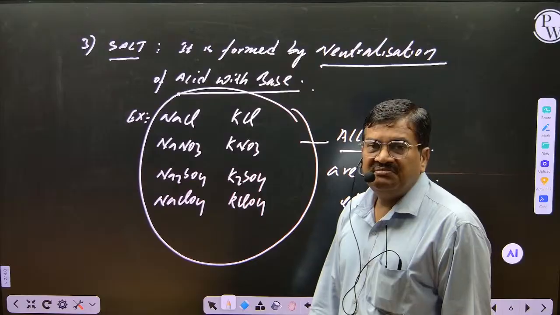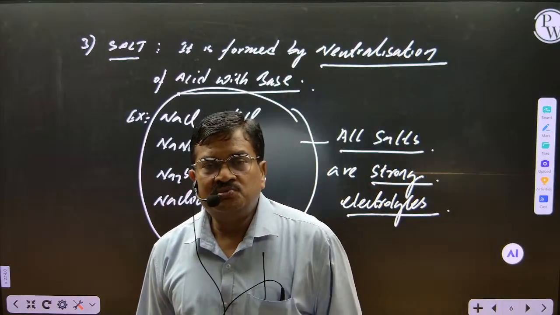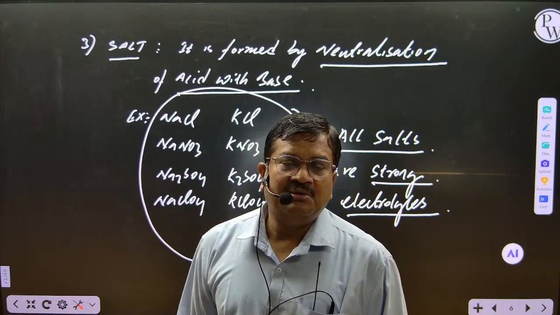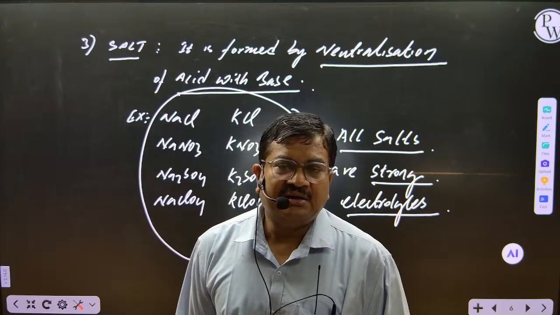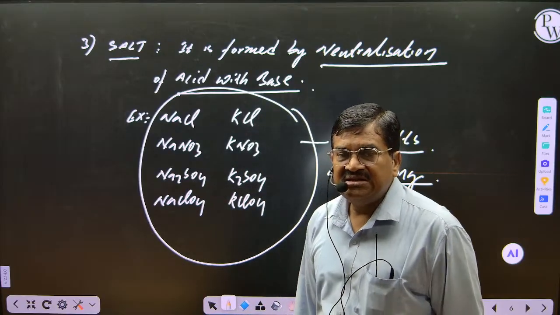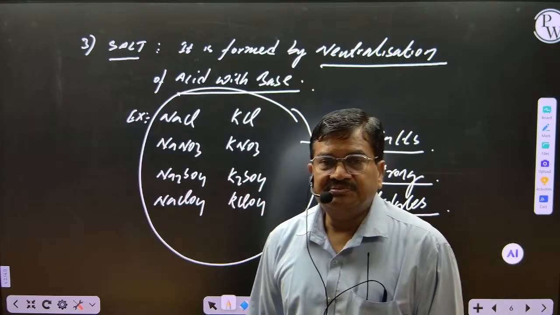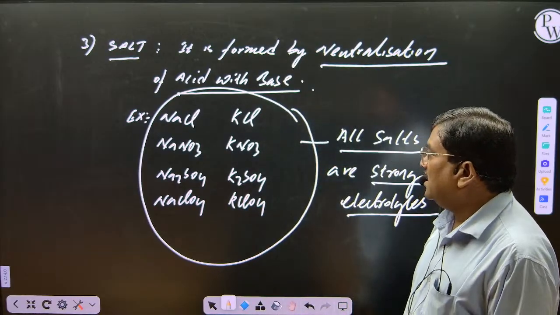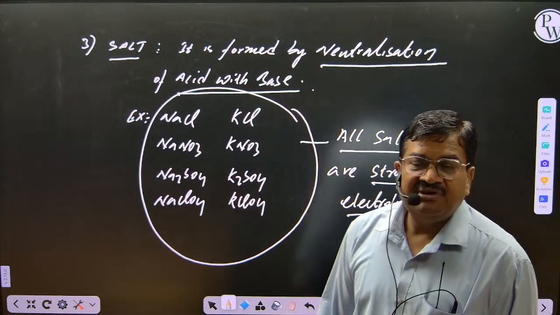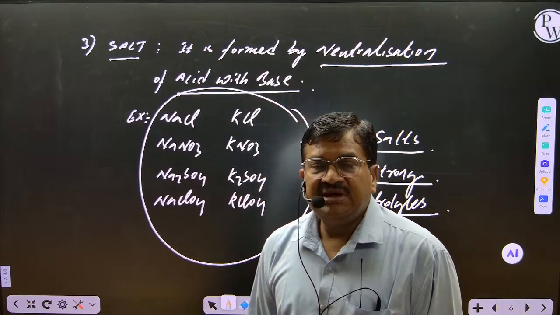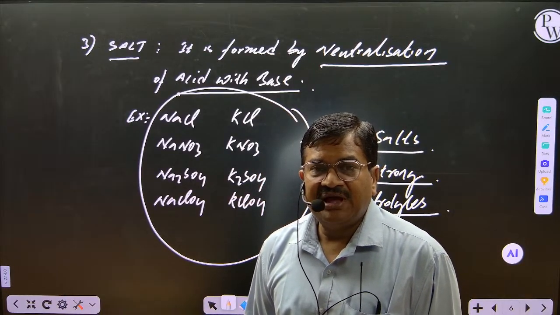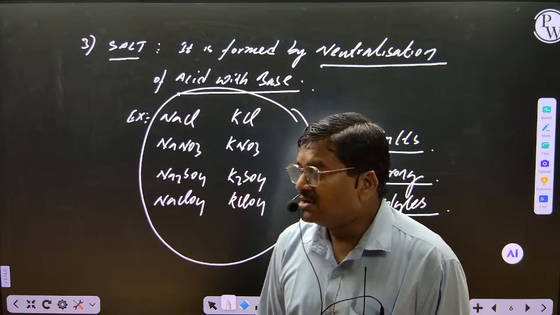So this is the basic idea students should have: whom should we call acid, whom we call base, whom we call a salt. The same concept we study in the chapter called ionic equilibrium. And in JEE Mains weightage, even in NEET also, we get more questions from ionic equilibrium, thermodynamics, and physical topics.